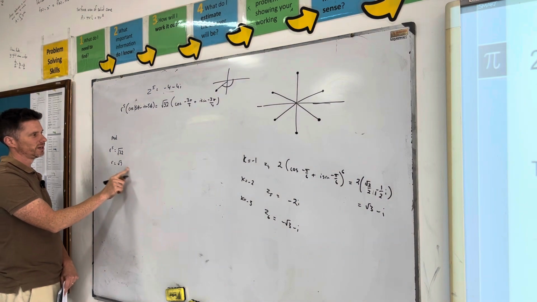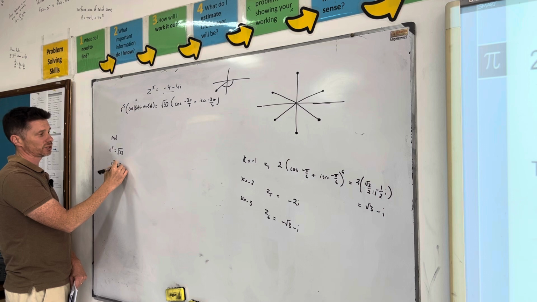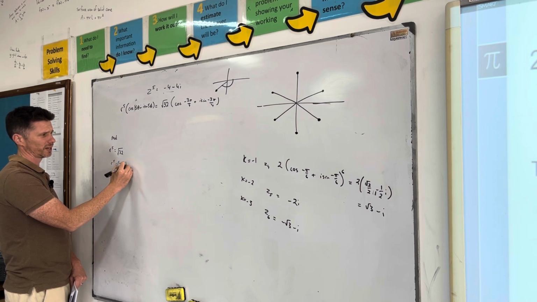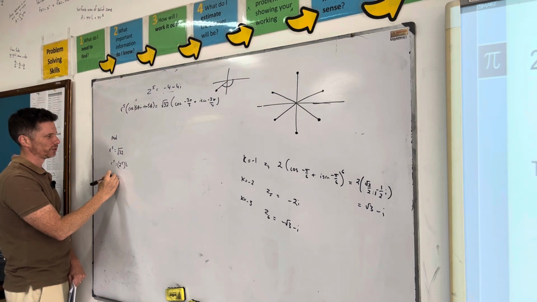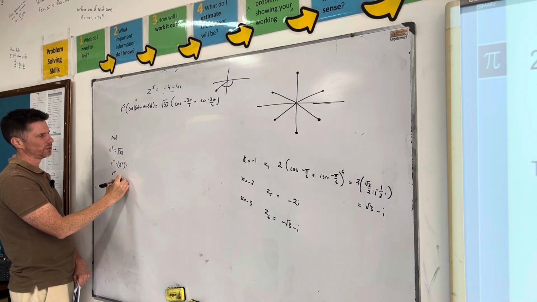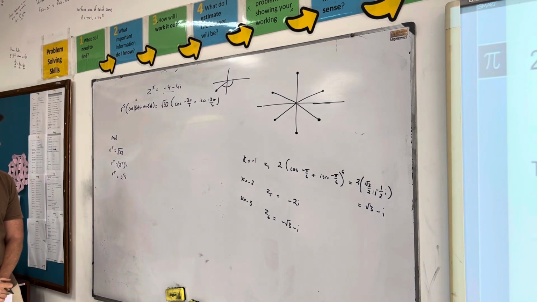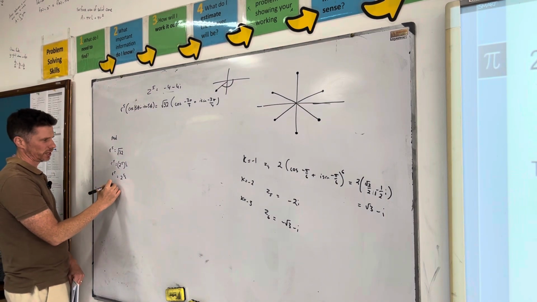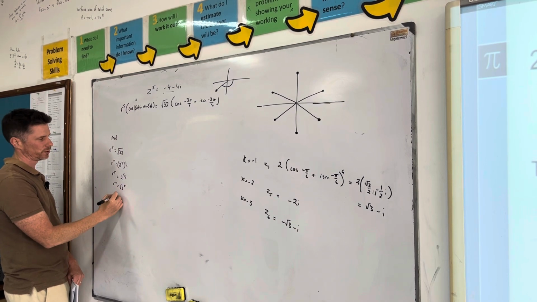So r to the 5 is 2 to the power of 5 over 2, which is root 2 to the 5. And now r must be root 2.